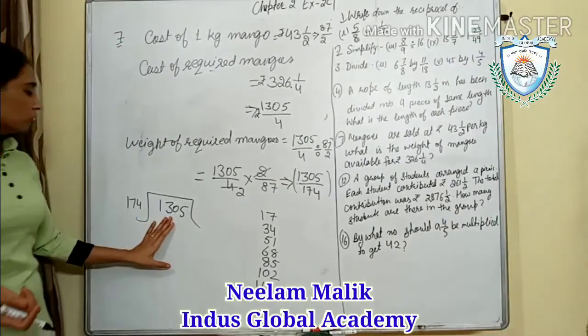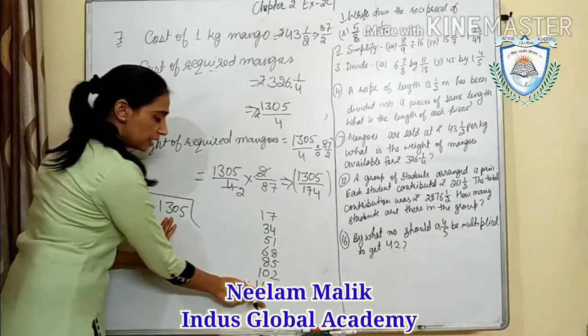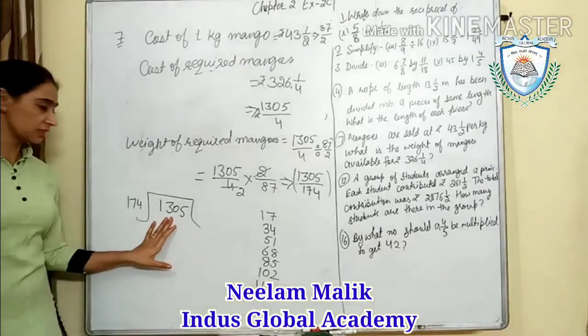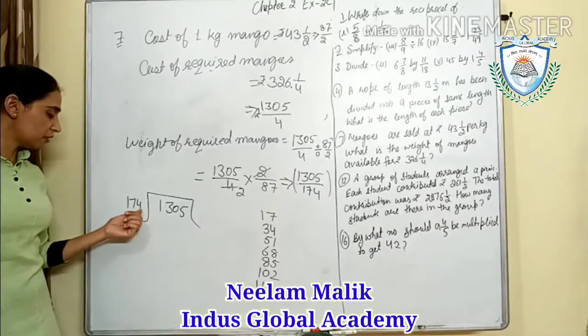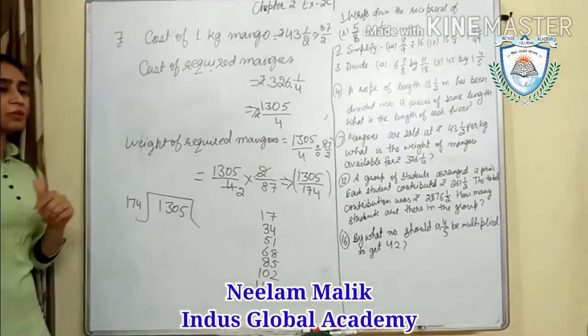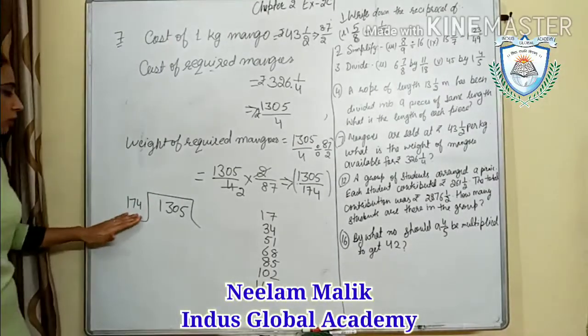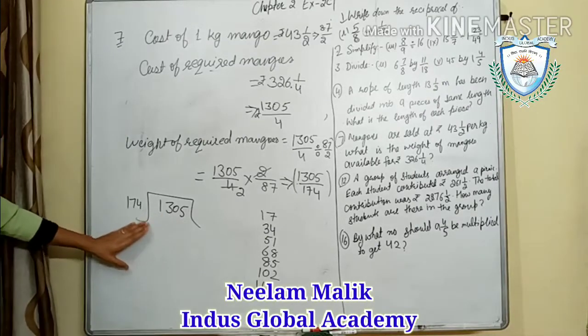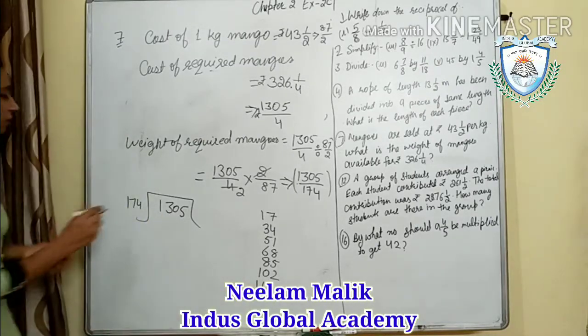So when we go to the 8 there is 126, but when we add the carries, that will be more, so we will go only to the 7. Let's check this on the 7.